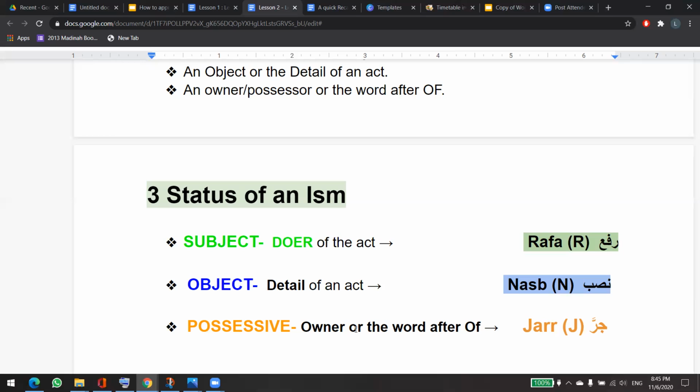The owner or possessor in the sentence, or the word after of. If you can see the word of in the sentence, any word after of is the owner, and that is in jar status. Okay.